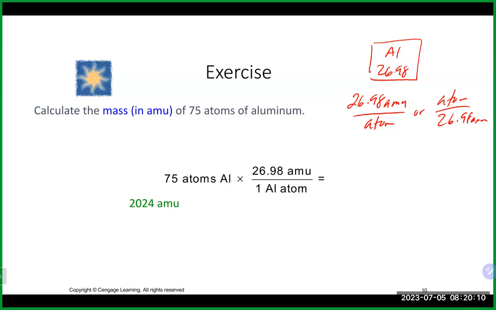So those are 2 conversion factors that you could use. In this case, we're looking for the mass in AMU of 75 atoms of aluminum. So once again, we could set it up as a conversion factor. Atoms on top and atoms on the bottom will cancel, giving us about 2024 AMU as the mass of those atoms.